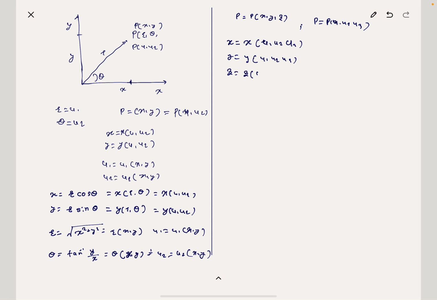Z is a function of u1, u2 and u3. And again u1 is a function of x, y and z. u2 is a function of x, y and z. u3 is a function of x, y and z.